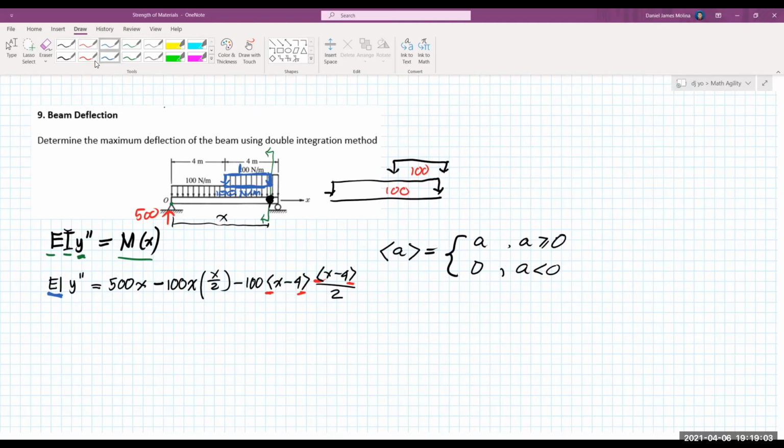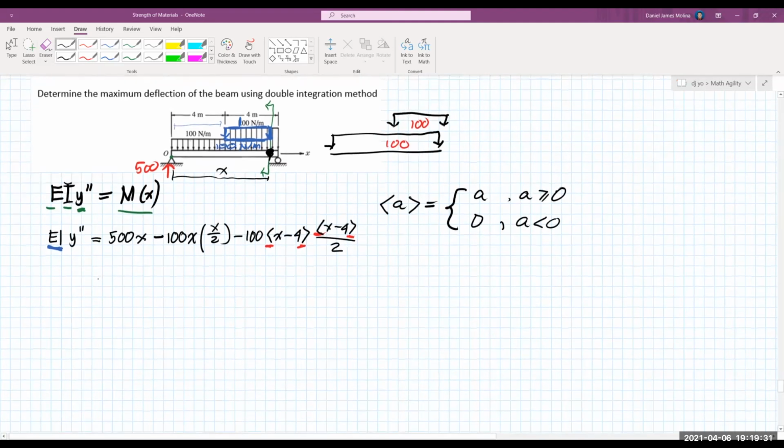Okay? Since the points which are less than 0 when the value is x minus 4 occur here at the first 4 meters of the beam, the smaller 100 Newton per meter load is not located at that portion, right? So we must disregard that moment. That is why we have used the singularity function. Okay.